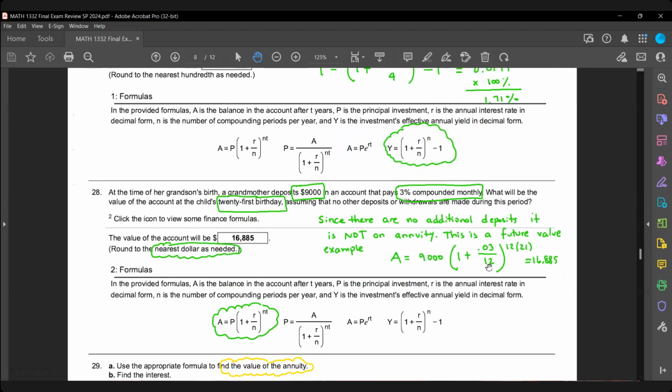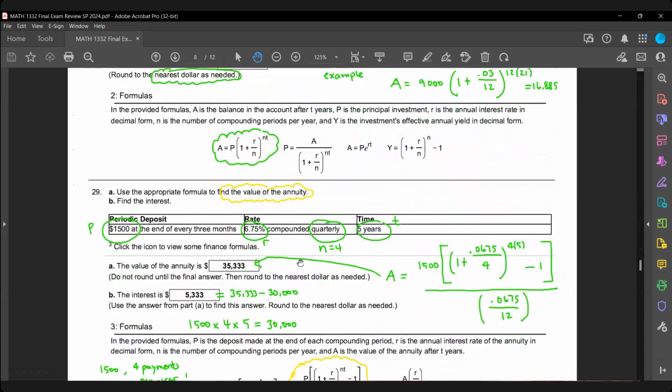It is compounded monthly, so that's why you see 12. This is 21 years, and all of this yields 16,885 rounded to the nearest dollar. Use your proper rounding techniques for something like number 28. Read the fine print on MyMathLab. Do not make a silly mistake.